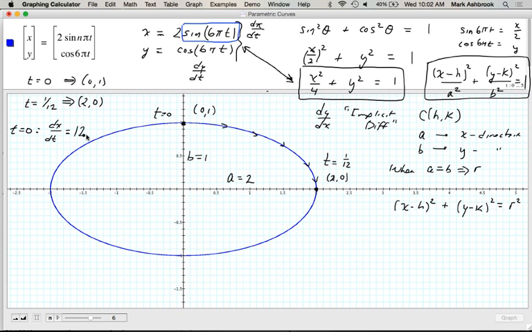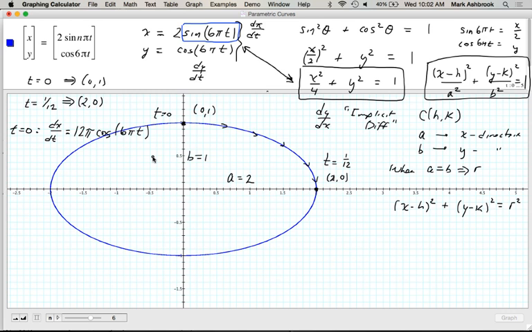Someone said 12 pi, that's correct. 12 pi cosine 6 pi t. Derivative of sine is cosine. The chain rule is going to give us another multiple of 6 pi.